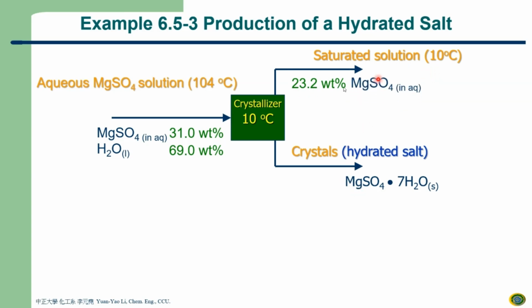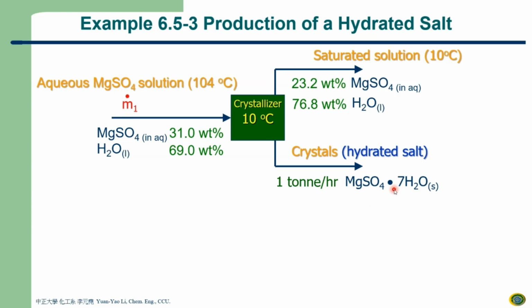In the saturated solution, you have 32.2 weight percent magnesium sulfate in water, and the rest is water. Okay, and then you want to produce 1 ton per hour of the magnesium sulfate, I should say hydrated magnesium sulfate.